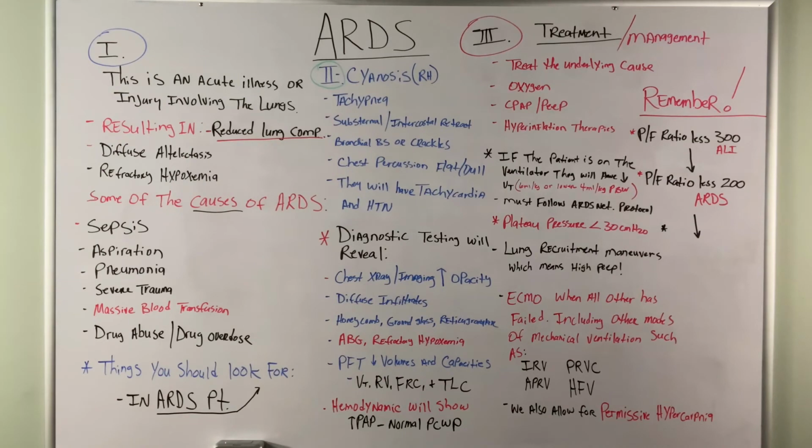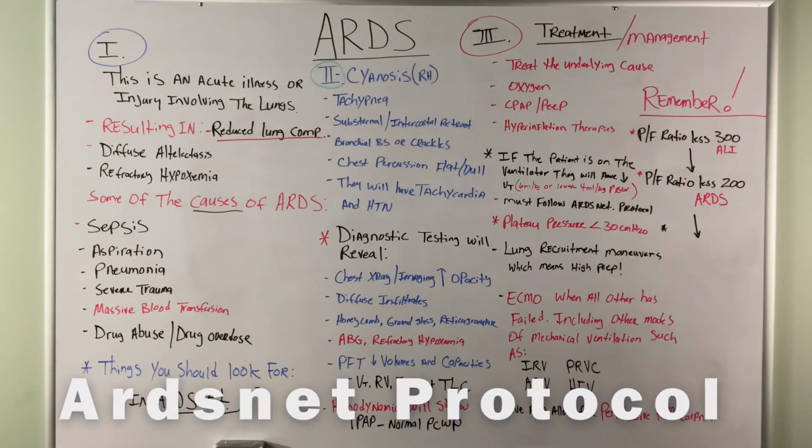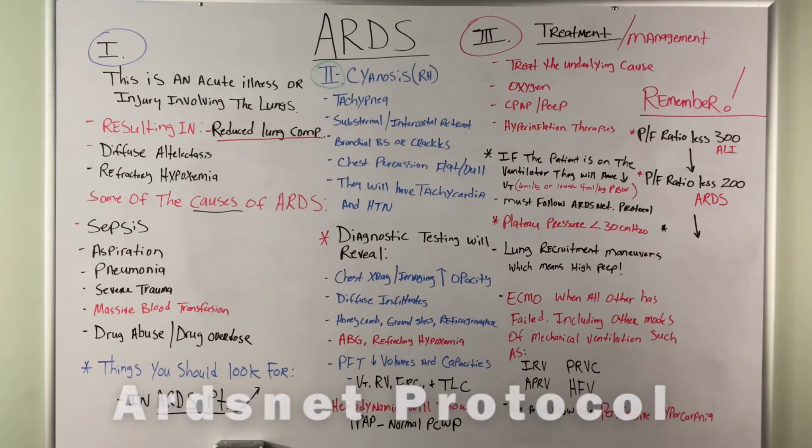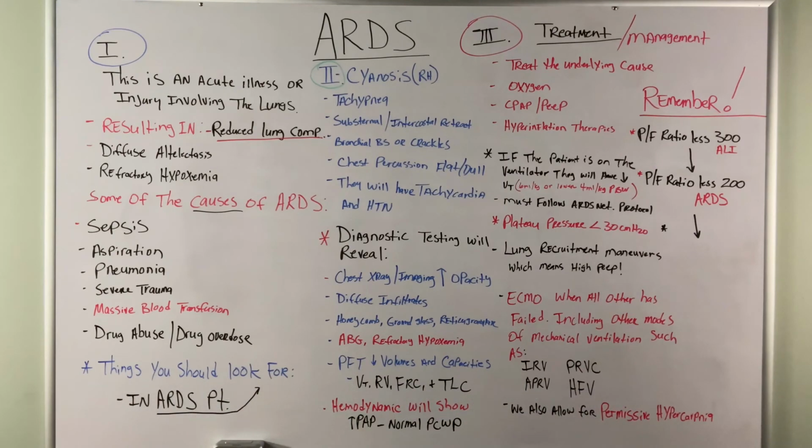We must follow the ARDS protocol when dealing with ARDS patients, which means their tidal volume sometimes may be as low as 4 milliliters per kilogram predicted body weight. Remember, the NBRC wants you to follow the ARDS protocol, so make sure you study it and know how to apply it.